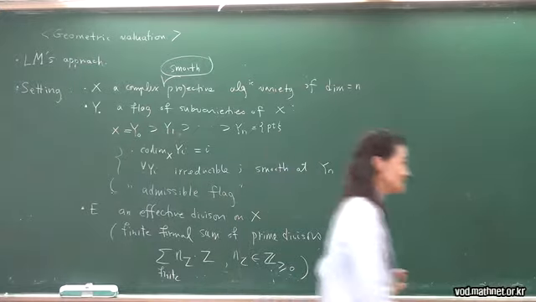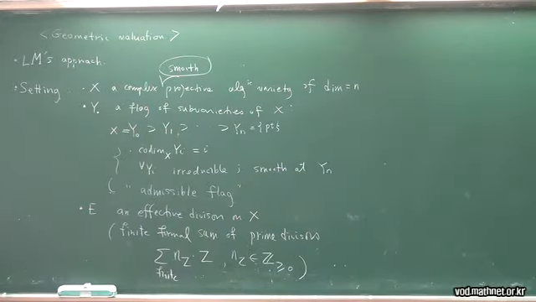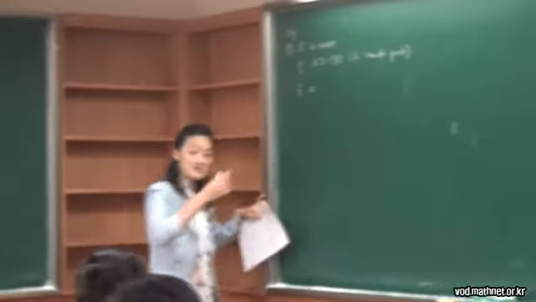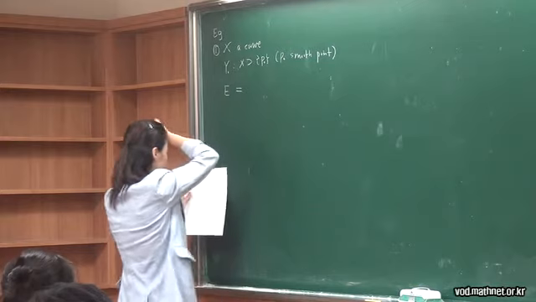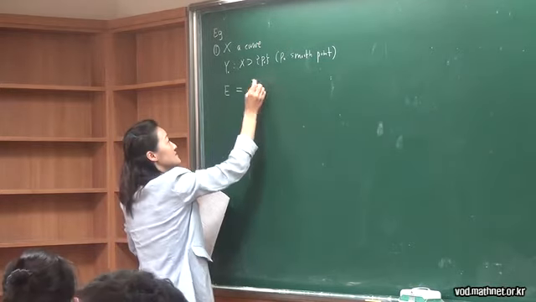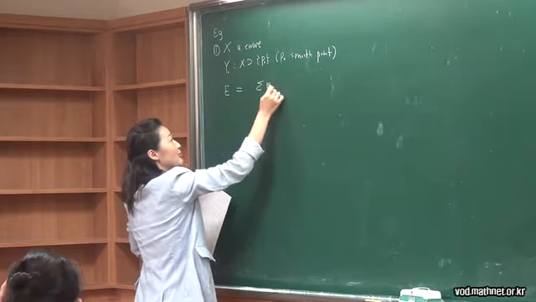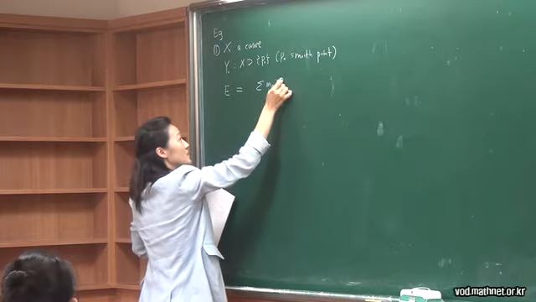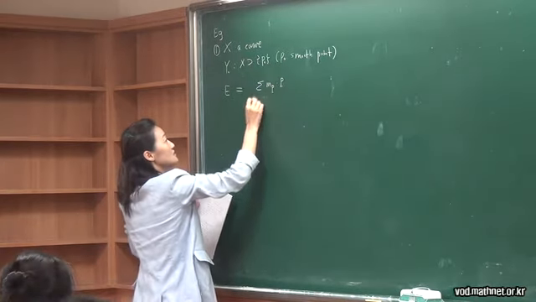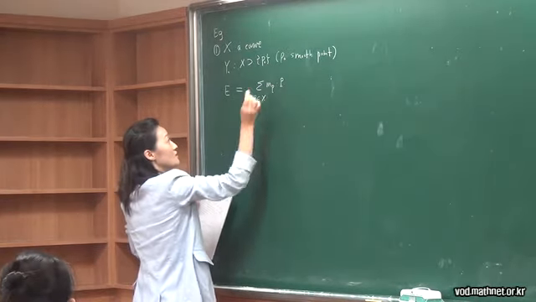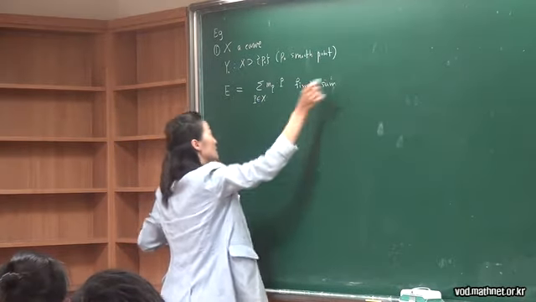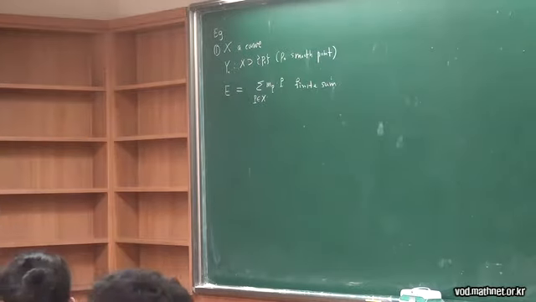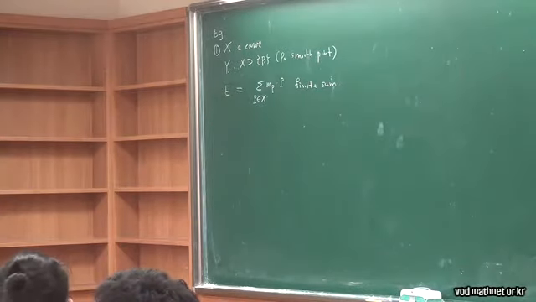But for now, you can just consider it that way. So an effective divisor in this case is nothing but a formal sum of finitely many points, right? So say the sum of m_p times p, where p is a point, a finite sum. You can understand it that way.